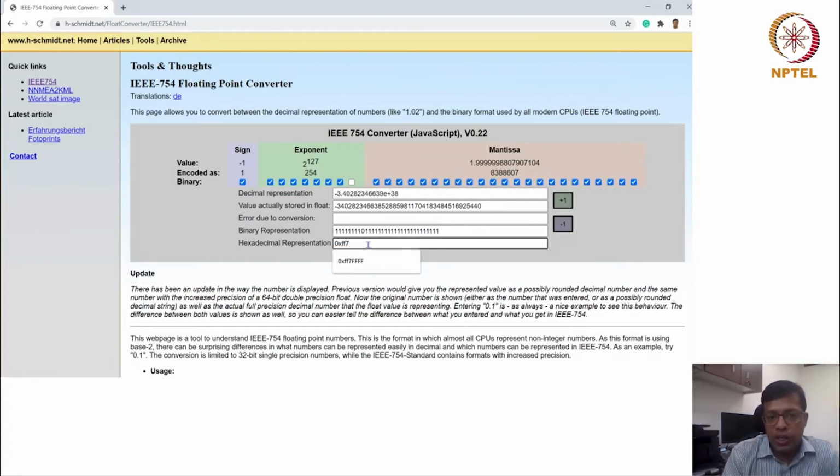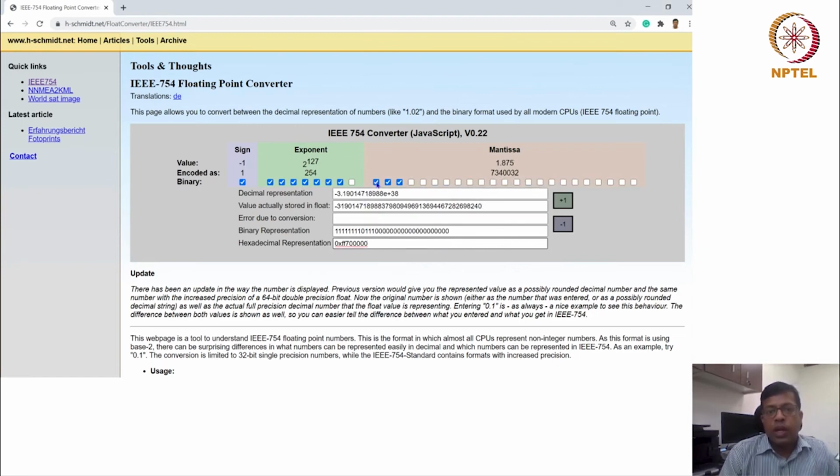So I want to say all of these are zeros, and I also would like to say that my exponent is only 1. You can see the range of numbers which are being reduced. So you can see that if this is the smallest number, this number can be represented something like this.